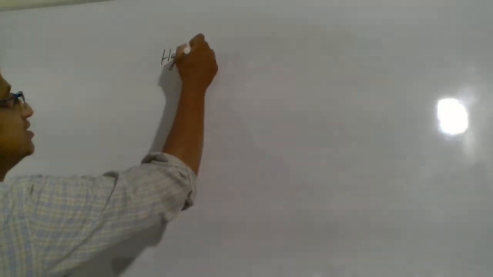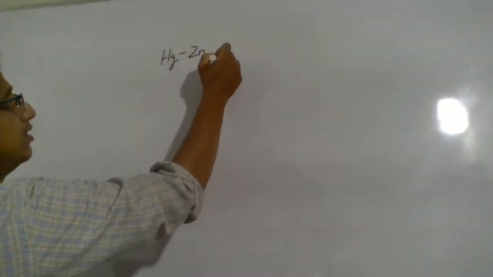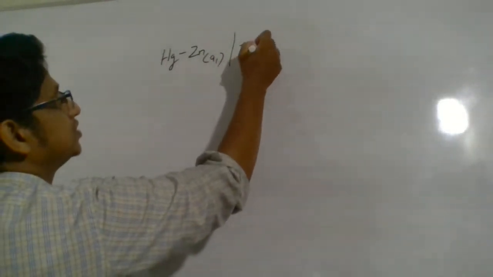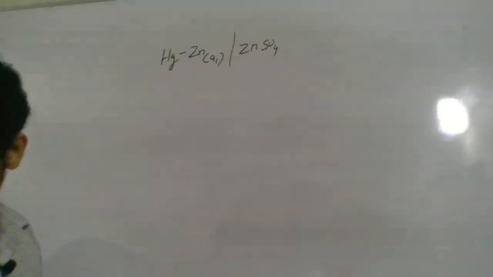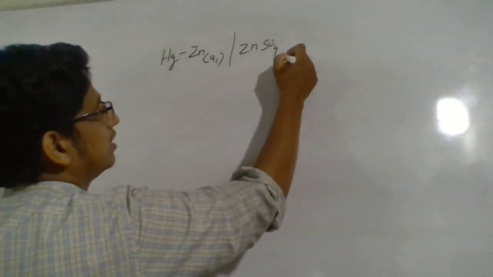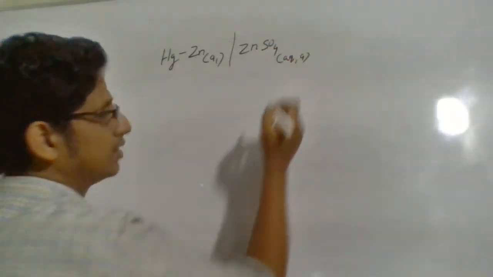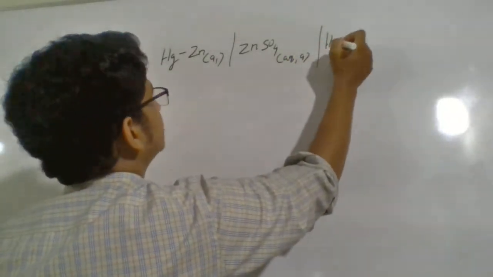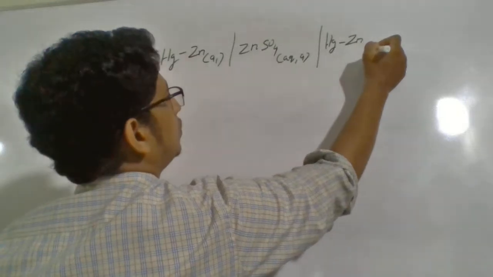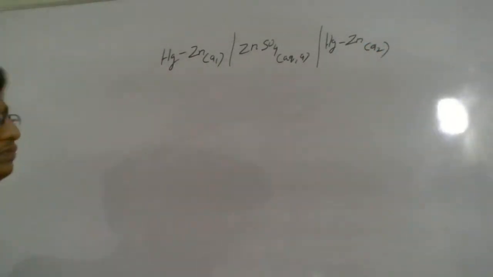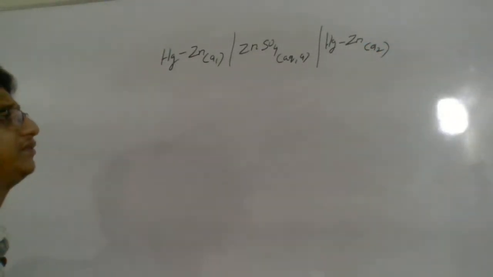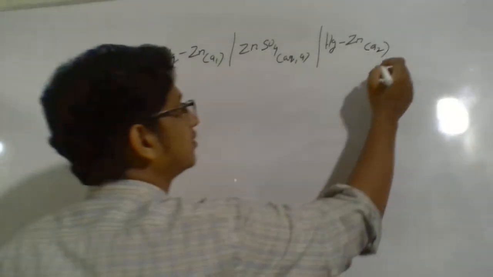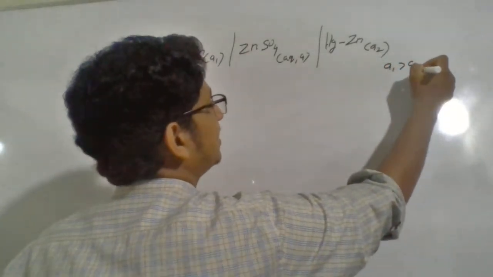It is HgZn(A1) in a common solution of zinc sulfate, ZnSO4 aqueous (A), which is connected to HgZn(A2). So this is another electrode concentration cell where A1 is greater than A2.